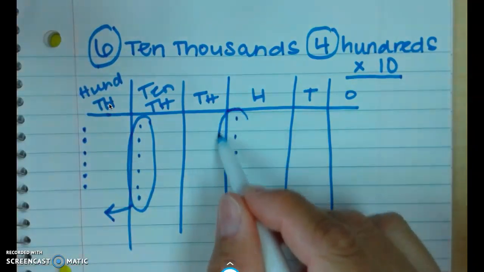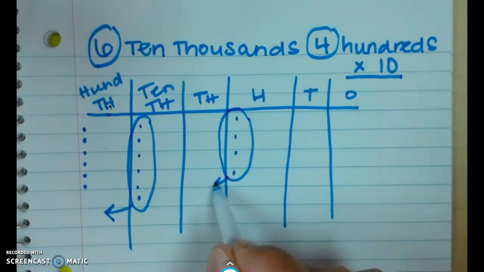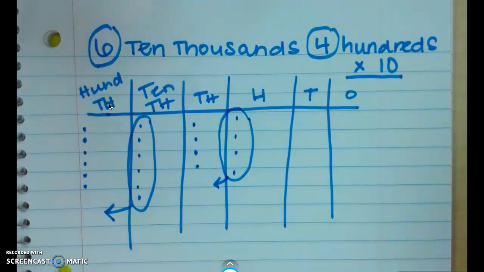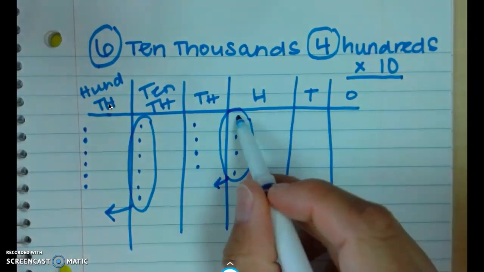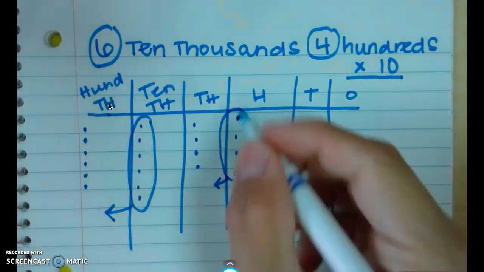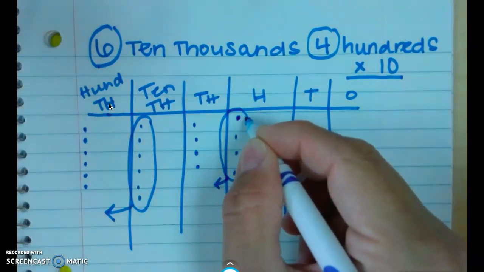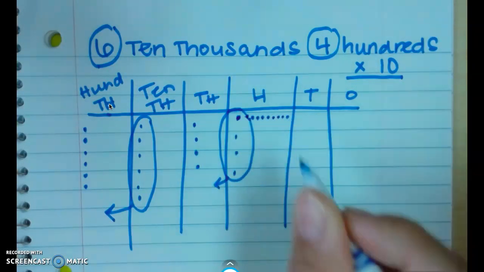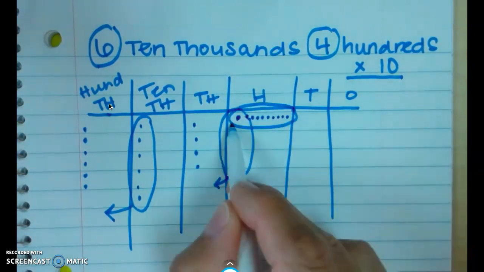All my hundreds now become thousands. Something that might help you a little bit better is this isn't just one. That is actually 10 of them. And remember, whenever we have 10 of something, we grab it and we move it over.